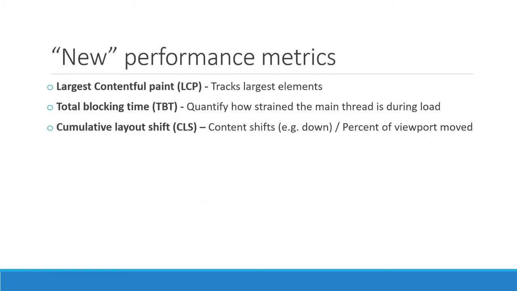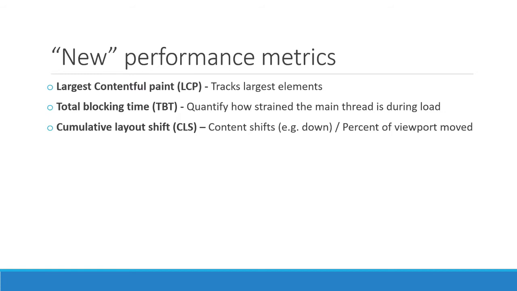Also, there are other performance metrics. They are relatively new, and they track different stuff. For example, largest contentful paint tracks the largest element instead of the most important element on the screen. The total blocking time quantifies how blocked the main thread is. Basically, it's a sum of all your long tasks, which are the tasks that take more than 50 milliseconds.